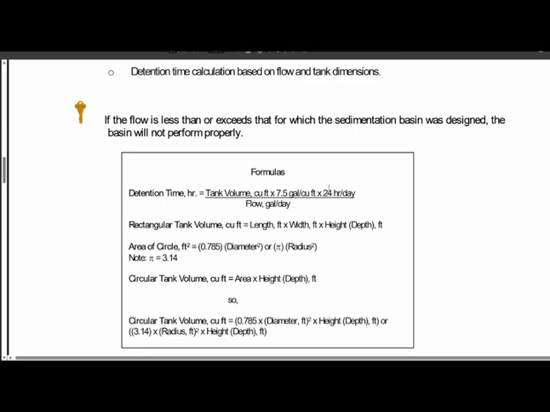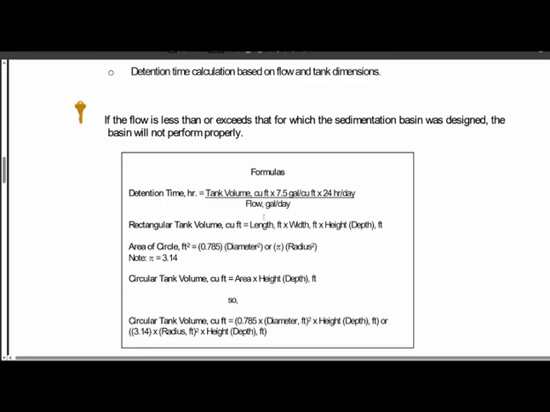To get volume, it's length times width times height. Always. The confusing ones that throw a lot of people off are the circular ones, but it's pi r squared that gives you your area, and then you multiply it by the depth or height. Depth and height are the same thing in a three-dimensional object.